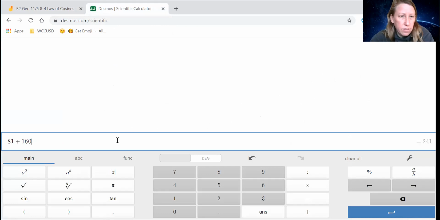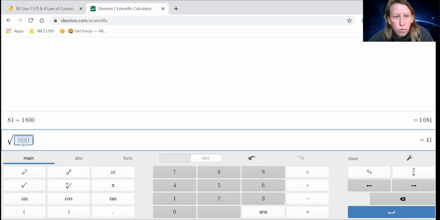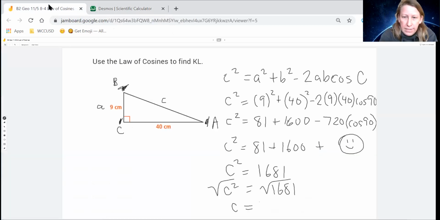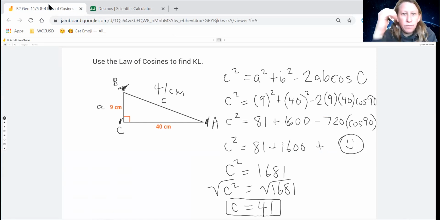And I'm going to add a new line, and I'm going to do the square root of the answer. 41. Exactly. That happened to be a perfect square, 41. It's a Pythagorean triple.